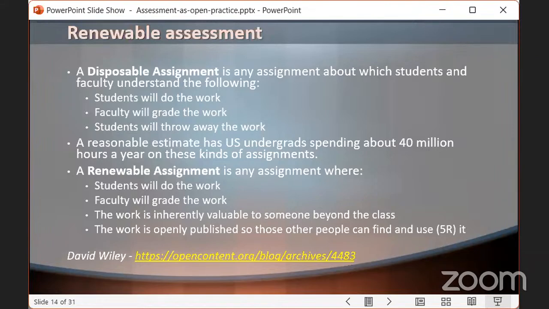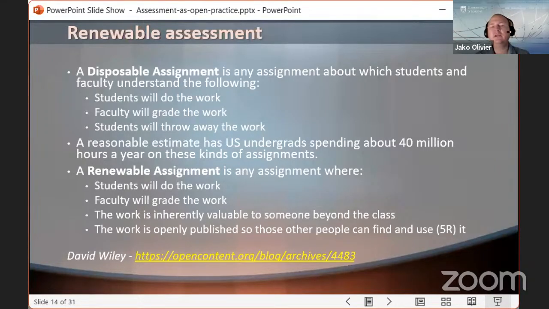Take note that David Wiley and colleagues refer to these as renewable assignments. I use the word renewable assessments to be a bit more inclusive and cover many more activities than merely assignments. You can see there that David Wiley notes that a reasonable estimate is that US undergraduate students spend about 40 million hours on these kinds of assignments.